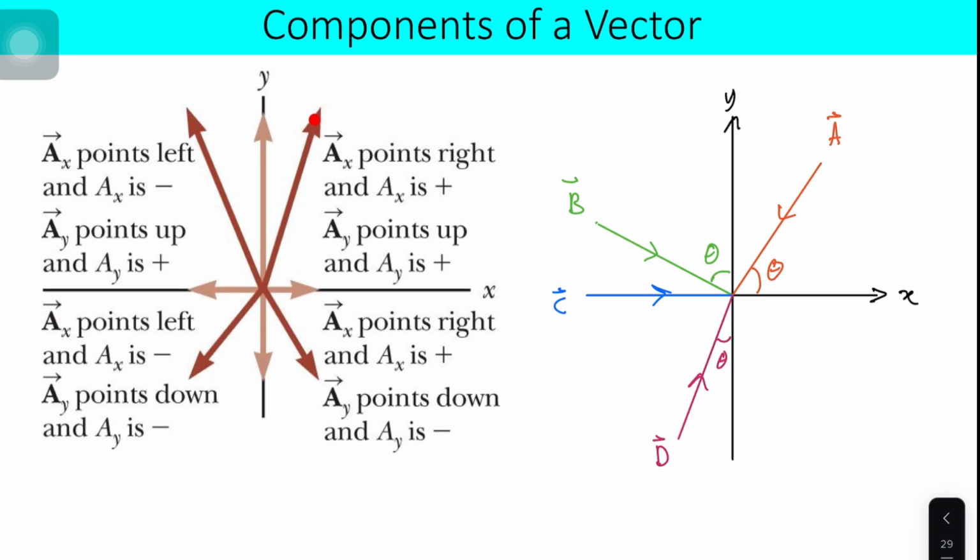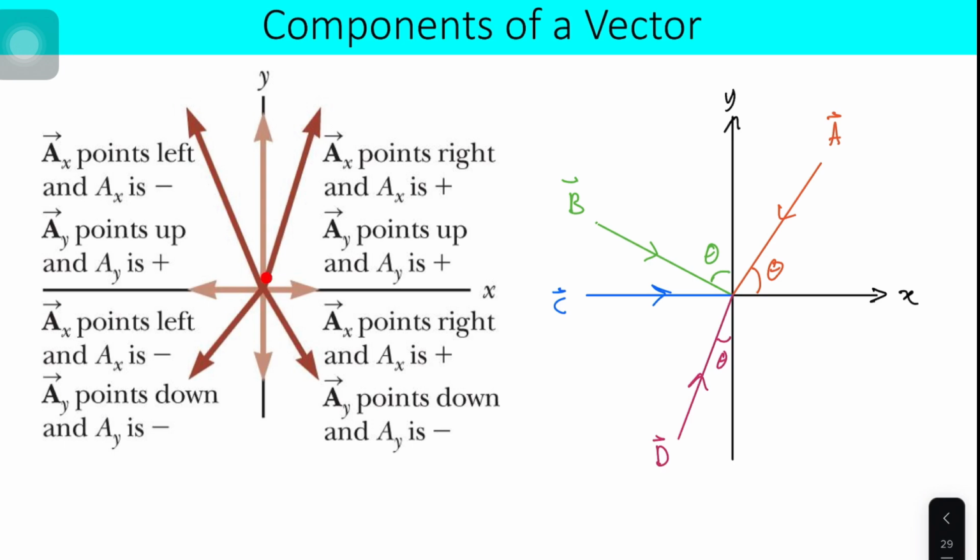If A is pointing in this direction within the first quadrant, you see the AX, the shadow, lies here, pointing to the positive X. So AX will be a positive value.